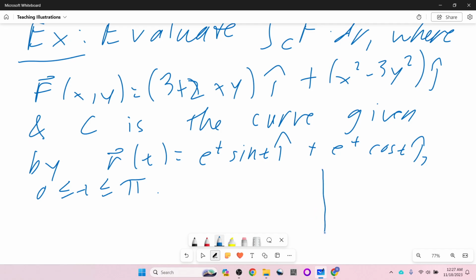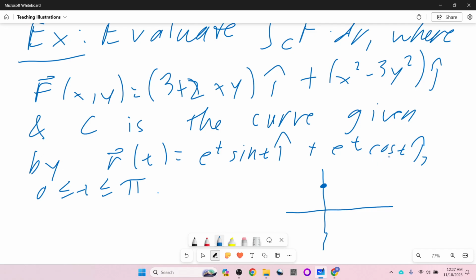So the curve here would go, if we start at 0, the i component would be 0, the j component would be 1, so it'd start up here. And then as we increase, they will both get larger in magnitude.